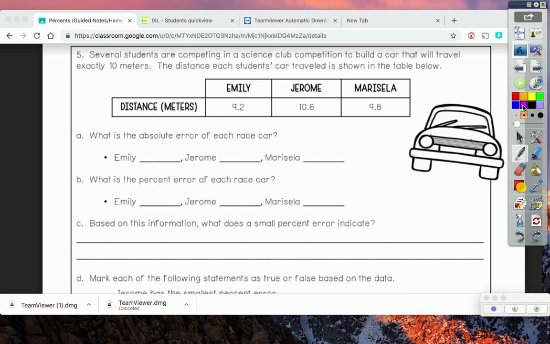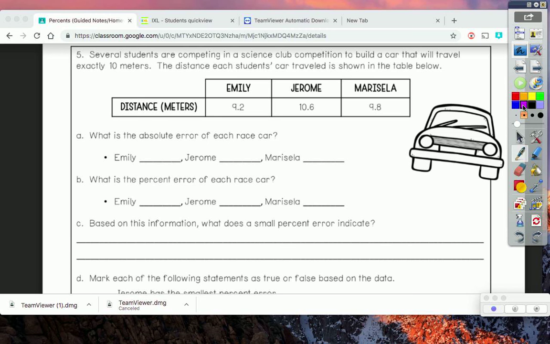So let's take a look at the problems we had for homework. Several students are competing in a science club competition to build a car that will travel exactly 10 meters. The distance each student's car traveled is shown in the table below. Remember that the exact amount is the correct amount, where you want to be.